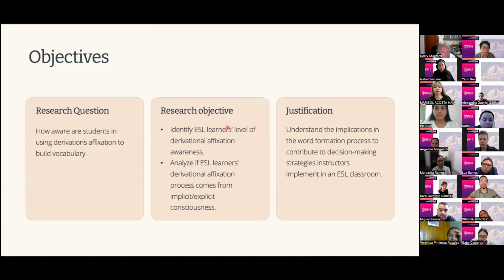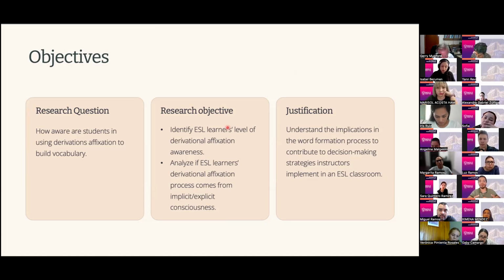Now, the objectives. My research question is, how are students using derivational affixations to build vocabulary? Now, one of the main issues that I've found is that students usually say that they understand, but they don't really know how to produce the language because they don't have that much vocabulary to use. So everything started by saying, well, you can produce language.